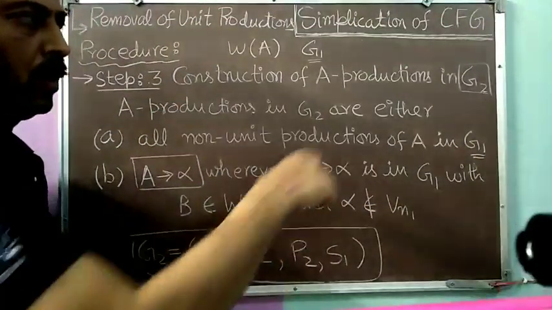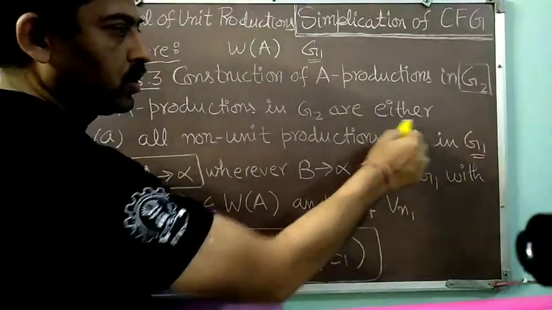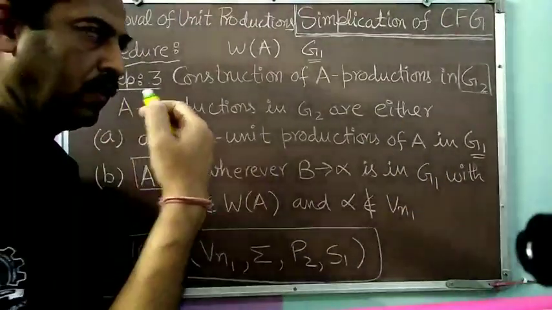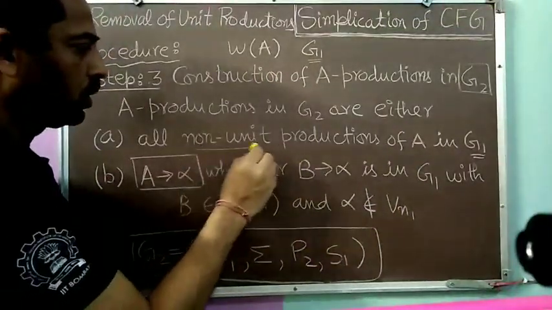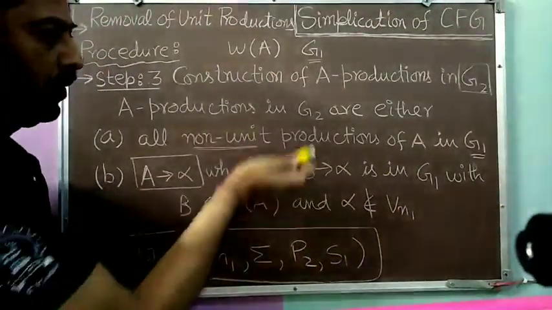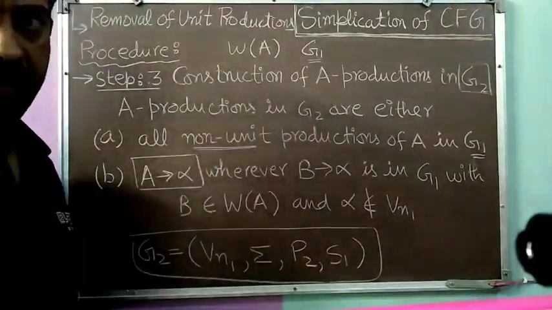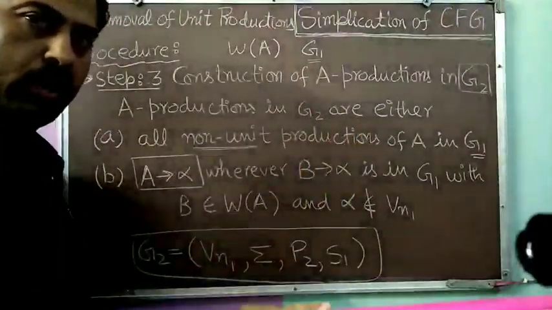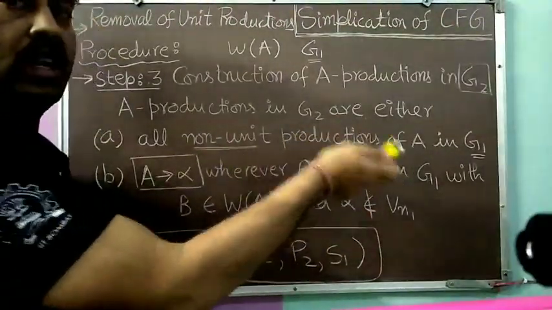We will look at that grammar for the productions of A, leave all the unit productions of A, and include all the non-unit productions of A in G2.